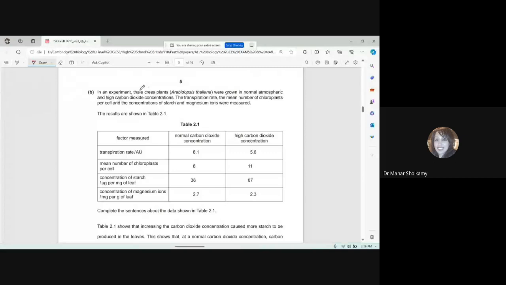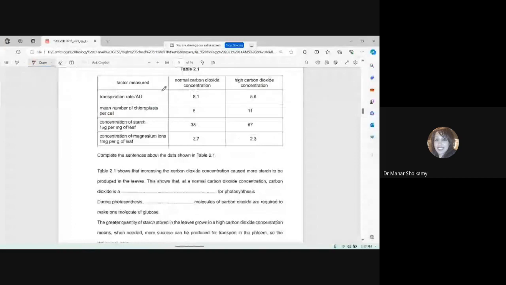An experiment: plants were grown in normal atmospheric and high carbon dioxide concentration. So I would underline that because this would be the independent variable. The transpiration rate, the mean number of chloroplasts per cell, and the concentrations of starch and magnesium ions were measured, and the results are shown. So they will give you here the factor measured when there is normal CO2 and when there is high CO2.